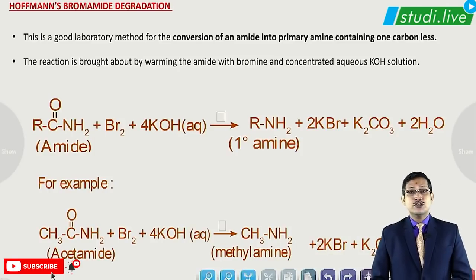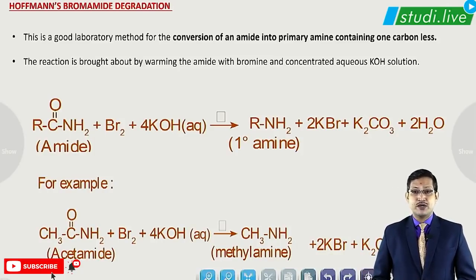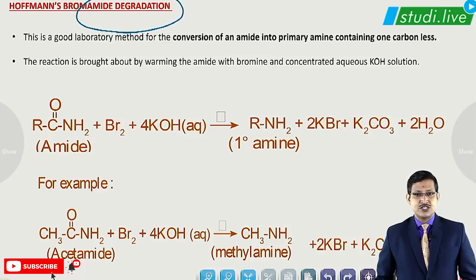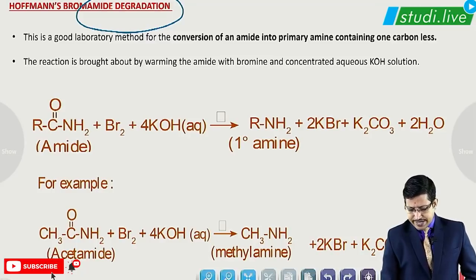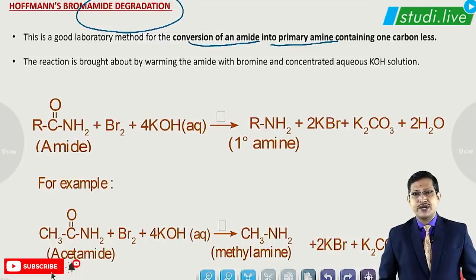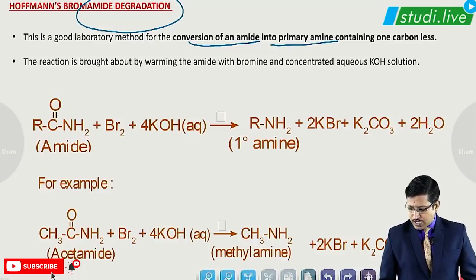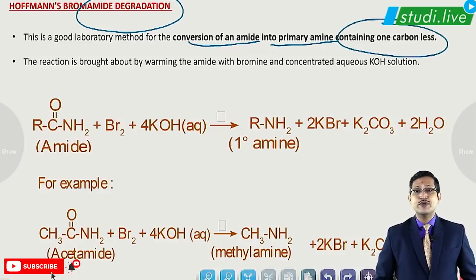Now this is another Hoffmann family reaction coming up, Hoffmann's bromamide degradation. Now the word is degradation. What is that degradation? That is something very important to understand. It is the conversion of amide into primary amines. Amide gets converted into primary amines containing 1 carbon less.